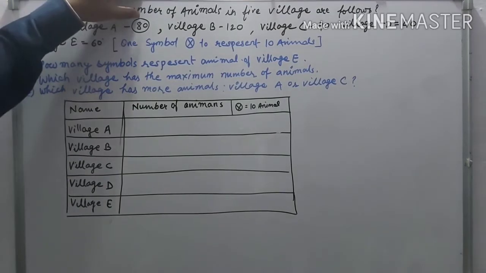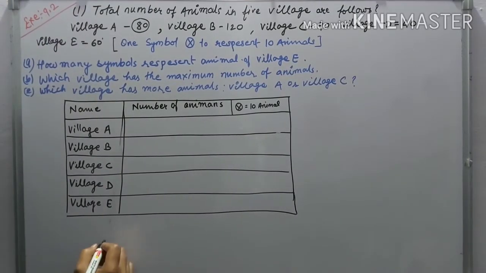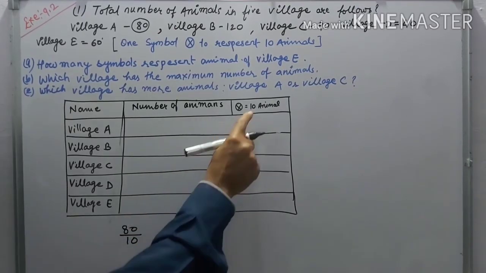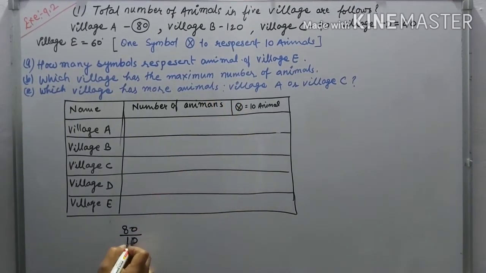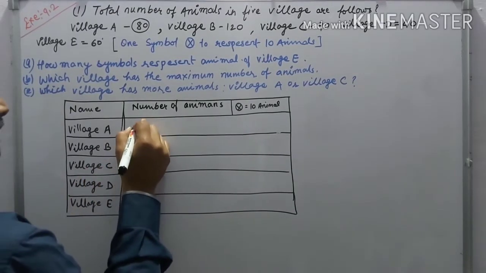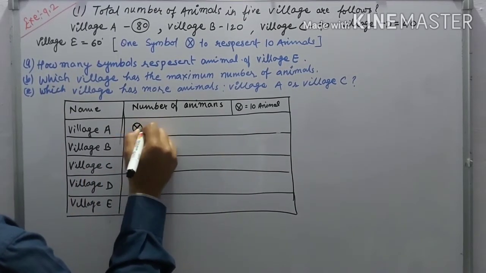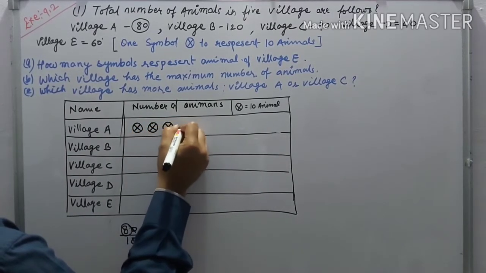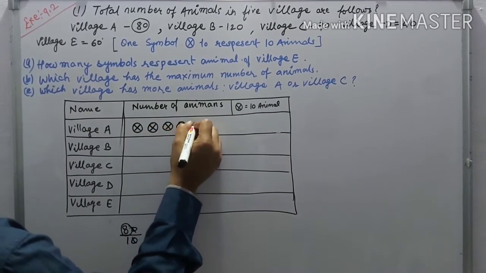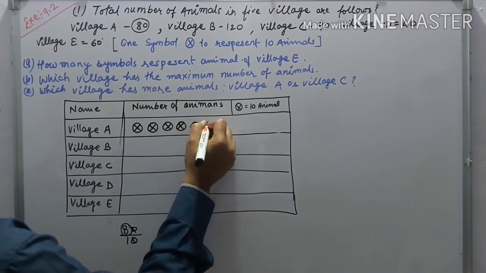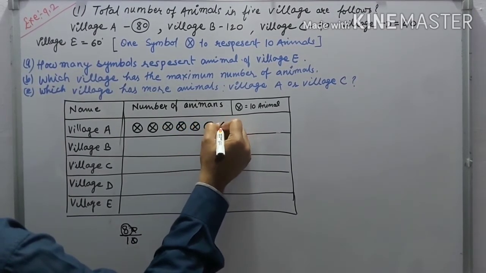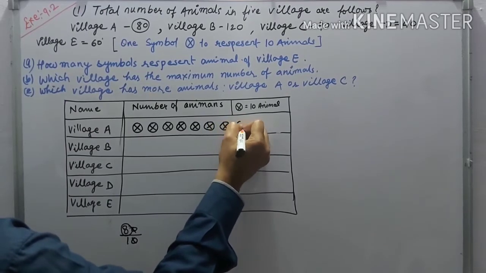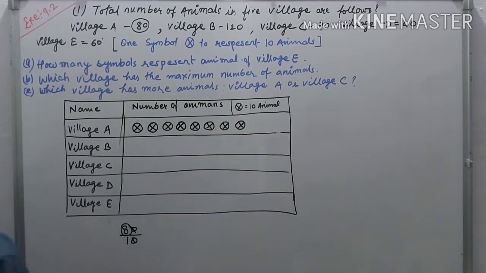Now start. Village A is 80, so 80 upon 10, because 10 animals is 1 symbol. The zeros cancel, it is 8. It means you have to draw 8 symbols: 1, 2, 3, 4, 5, 6, 7 and 8.